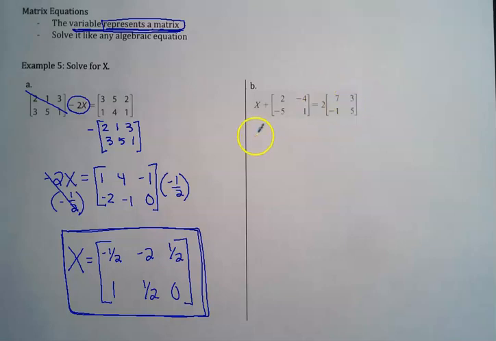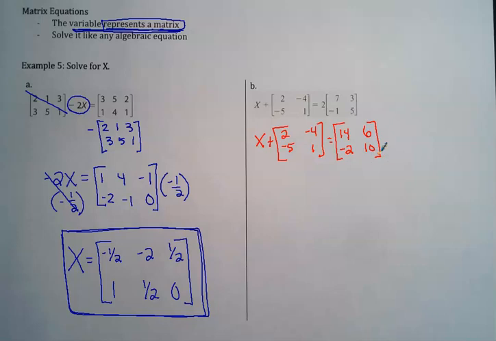So we're going to have X plus the matrix 2, -5, -4, 1 equals, let's do our scalar multiplication. 2 times 7 is 14. 2 times 3 is 6. Move to the second row. 2 times -1 is -2. 2 times 5 is 10.